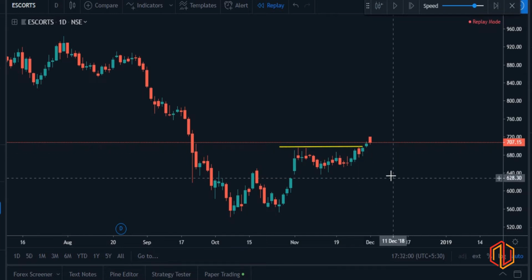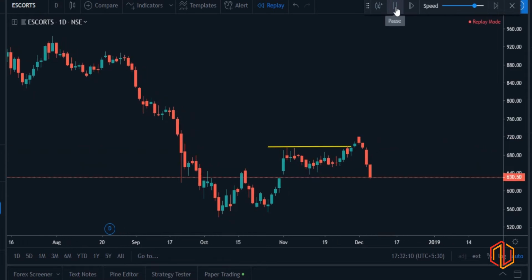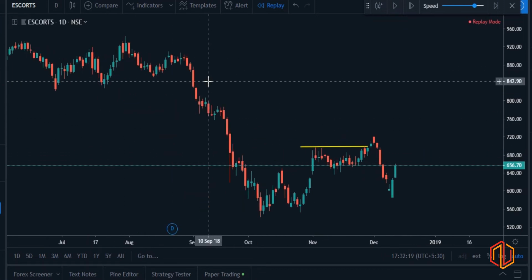Right, so this is a breakout, but again this is not a strong body dominating candlestick. It's a bullish candlestick for sure, but not a reliable breakout. And as you can see, the market did not sustain and actually started to fall.